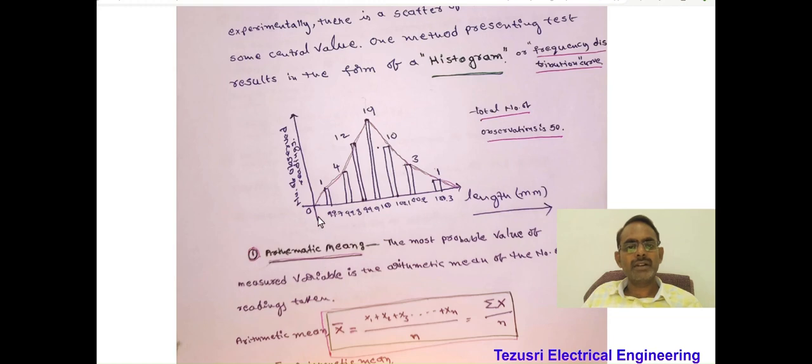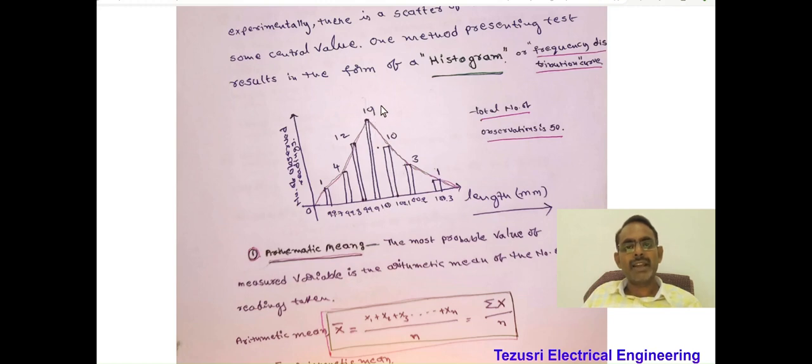For example, number of observed readings versus length of a wire in mm is drawn. Here 99.7 mm is read one time, 92.8 mm is read 4 times, 100 mm is read 19 times.